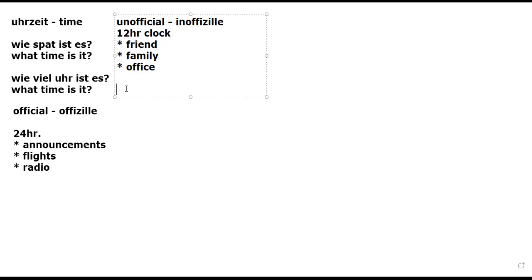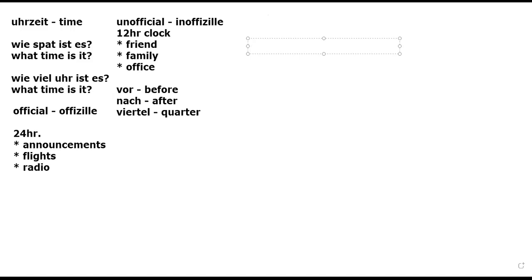Okay. Firstly, just write down these things. We are using vor as before, nach as after, viertel as quarter. Viertel is quarter. So we have to use these words in this time. And also quickly you have to make this table in your notebook as well.